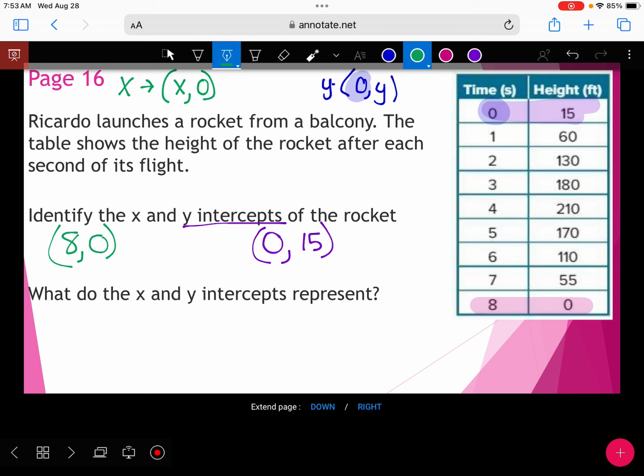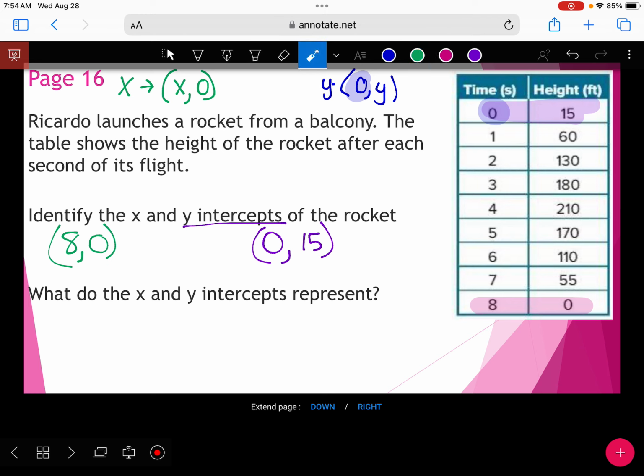So I love that we found them so fast. Fantastic. What does 8, 0 mean in terms of the rocket? 8 seconds. Excellent. Perfection. When in doubt, grab your titles.